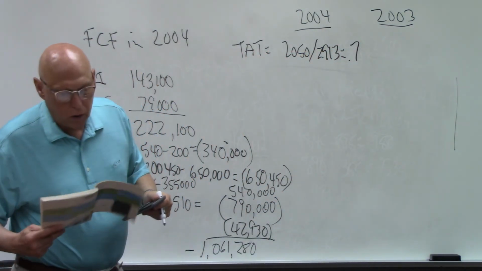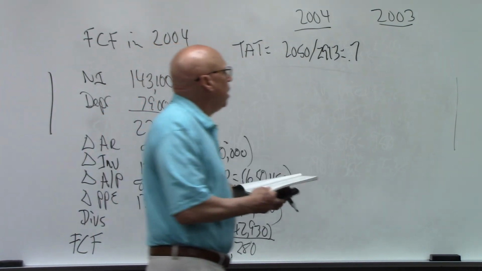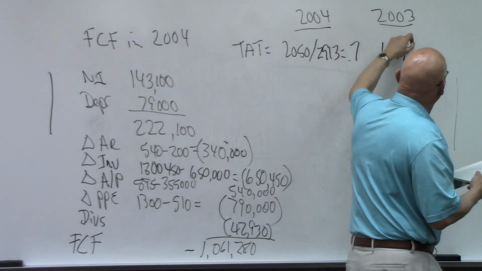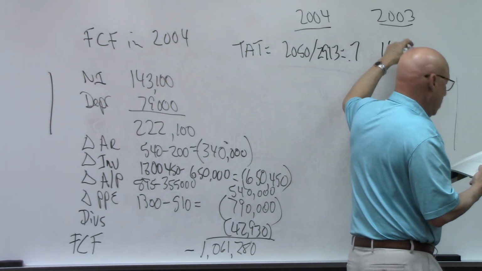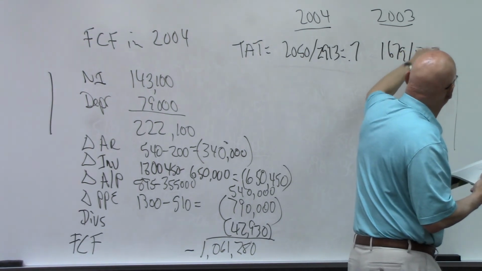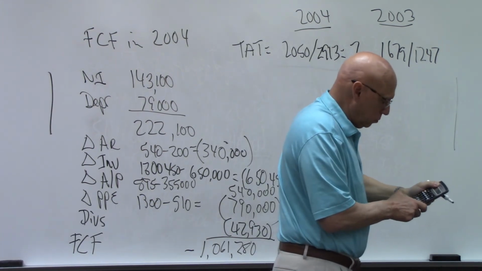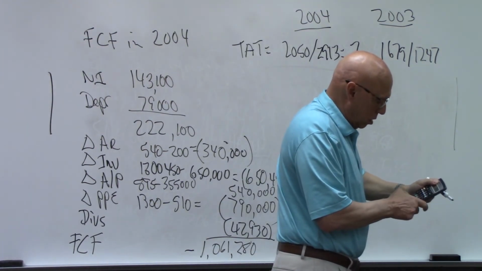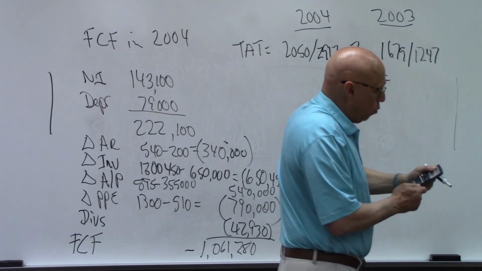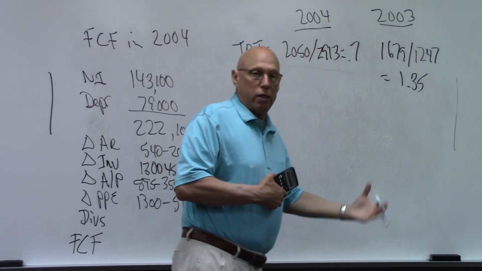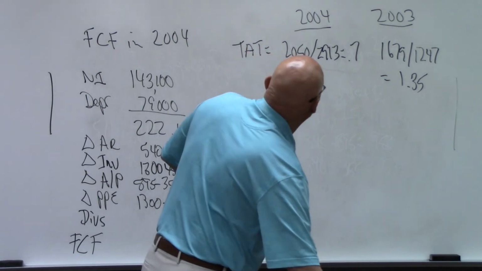And 1679 divided by 1247 equals 1.35. All right, so our total asset turnover has been cut in half.